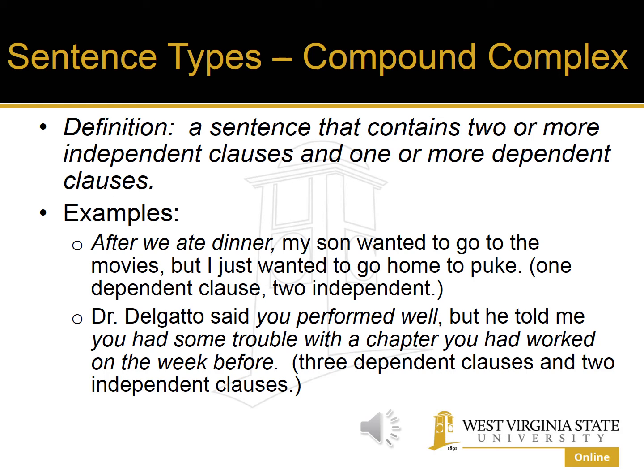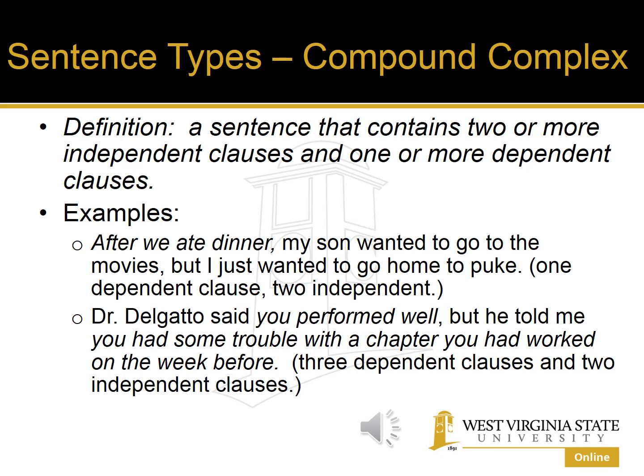But he told me, that's a second independent clause. Dr. Delgado said you performed well. Subject, verb, the object is you performed well, comma, and then we have a coordinating conjunction, but, and then we have another independent clause. He told me. Now, what did he tell me?